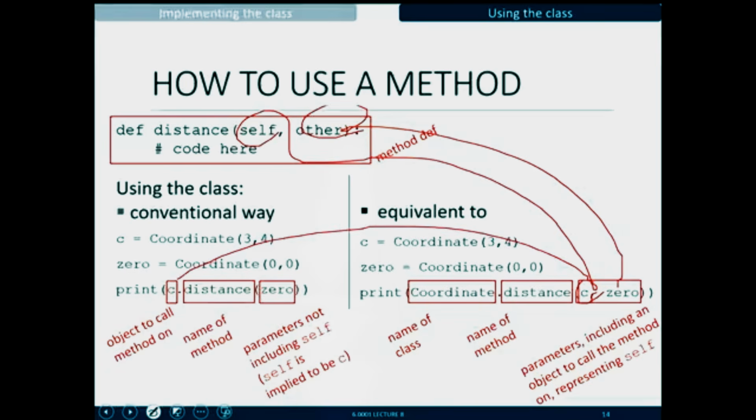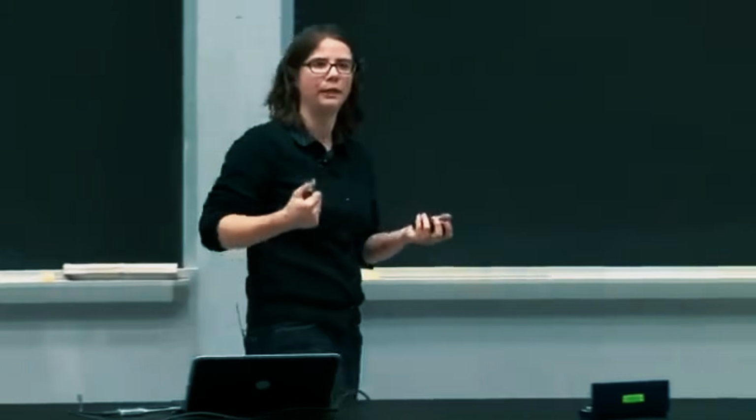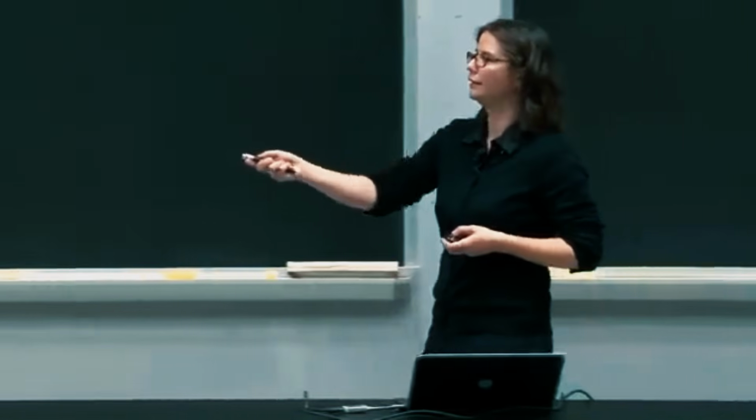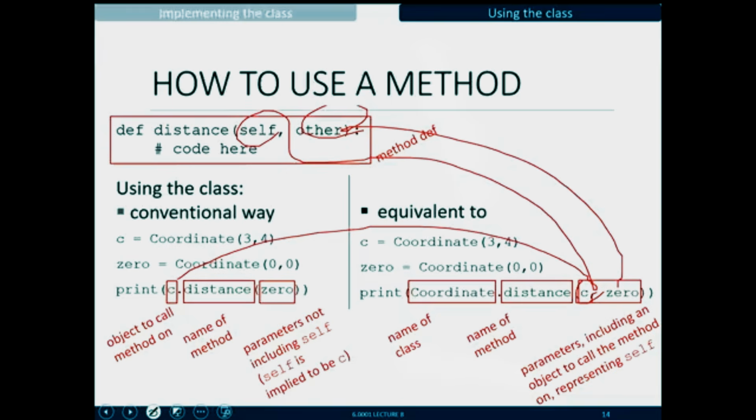And as I mentioned, Python implicitly says if you're doing the one on the left, you can call this method on a particular object, and it's going to look up the type of the object and convert this on the left to the one on the right. And this is what you've been using so far. So when you create a list, you say L is equal to [1, 2], and then you say L.append(3) or whatever. So we've been using this notation on the left pretty much from the beginning of class.